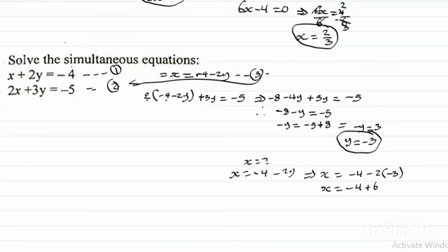Now let's do the calculation. Minus 4 plus 6, we have 2. So the answer for s is equal to 2. Therefore we have y is equal to minus 3, and s is equal to 2.